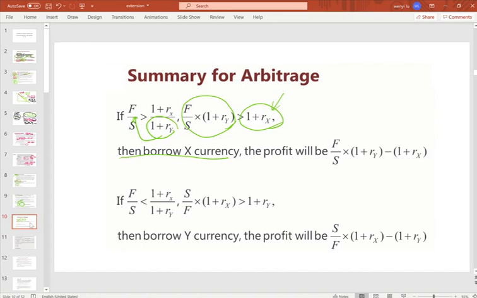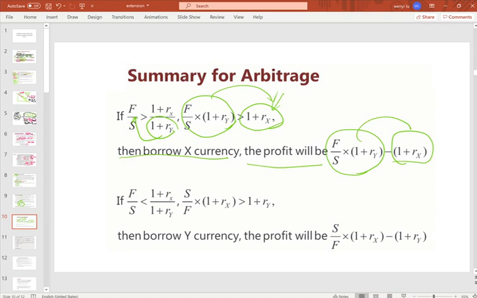In such a case, your profit will be the difference between these two: F over S times 1 plus R Y minus 1 plus R X. You borrow at the low interest in country X, then lend the money out to country Y to enjoy a higher interest. That's your profit.